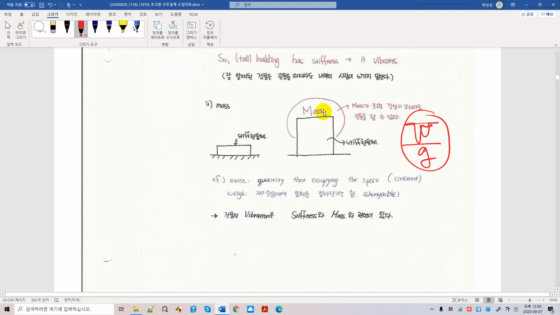This mass is also a very important factor when you consider the dynamic behavior of structures. How the mass is related to vibrations is going to be explained very soon.